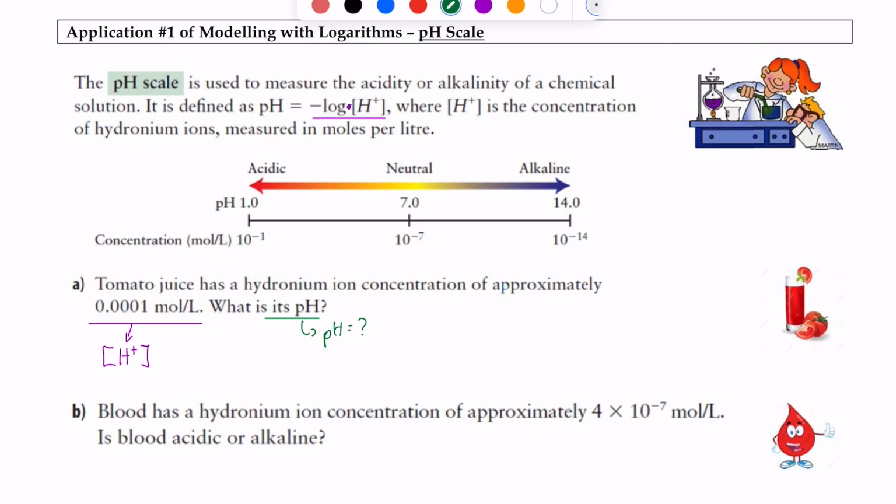So we're going to apply our pH formula, which is pH is the negative log of H plus. And I should note, do you have to memorize any of these formulas for these applications of logs? No. If I'm asking you an application log question, I'm going to give you the formula that you need, because I'm not testing you on your chemistry knowledge in math.